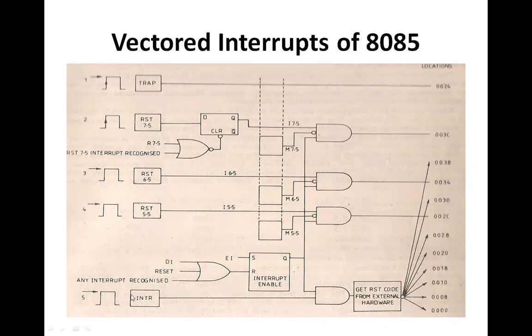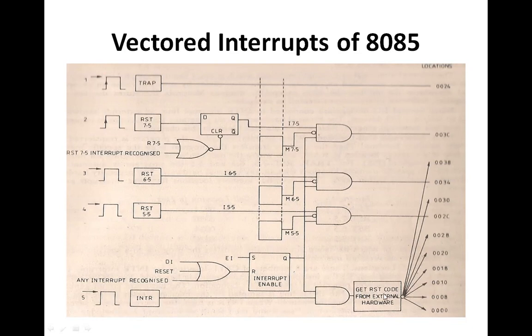But whenever any device connected with the INTR line wants to interrupt the operation of 8085, the device has to assert an RST code. And we already know that we have 8 RST instructions made for that. So in case of the INTR line, it is the responsibility of the device to assert the RST code.